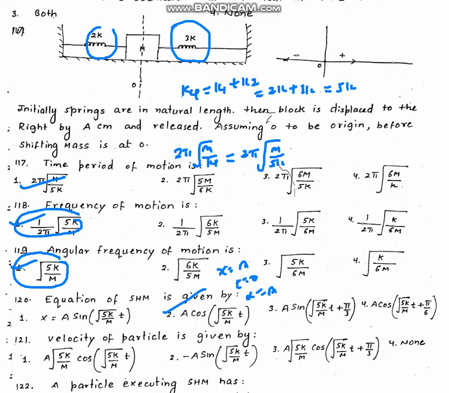Next, velocity is given by differentiating this, so that will be minus A sin(root 5k by m t), and then we have to multiply it with root 5k by m also. So here there is some error, so just multiply it with root 5k by m, or we can say that fourth is correct here, as none of the options is matching.